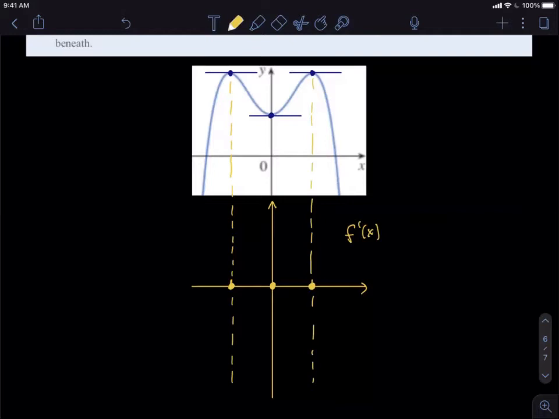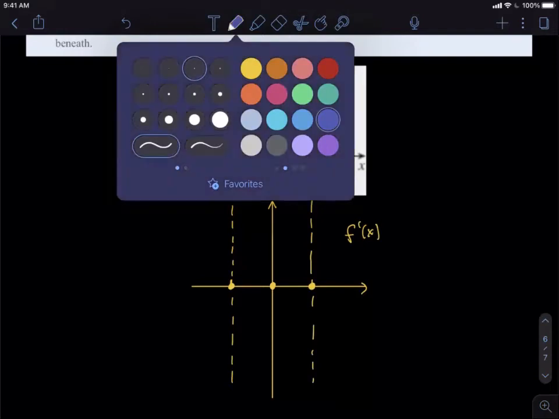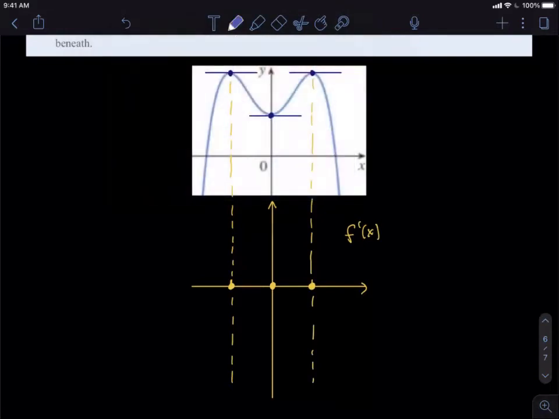The next thing we need to see on the graph are the regions where the derivative is positive. Positive derivative, let's do that in red. Positive derivative means a positive slope for the tangent.